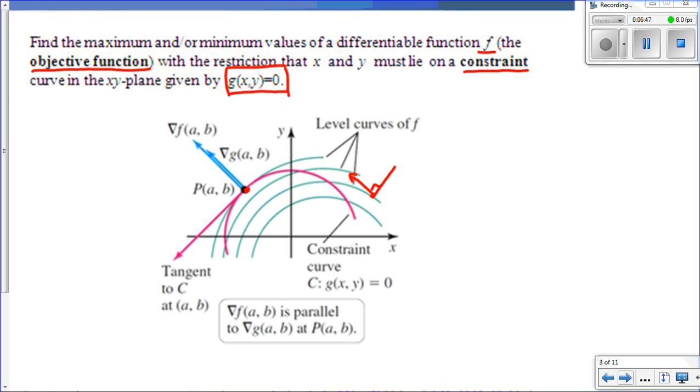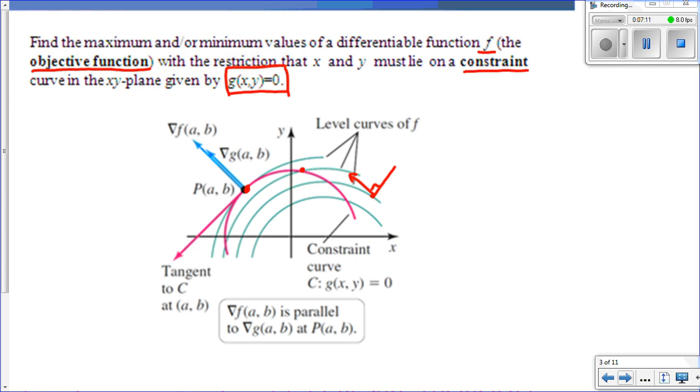Okay. Now, if we look at the constraint as a level curve also, I mean, it is a level curve. There is a certain z-value there for every point. But at every point, let's look at the gradient. At each point, the gradient is orthogonal to the tangent vector.